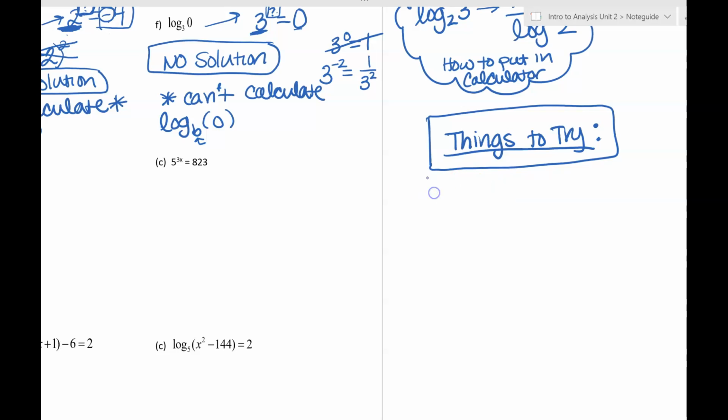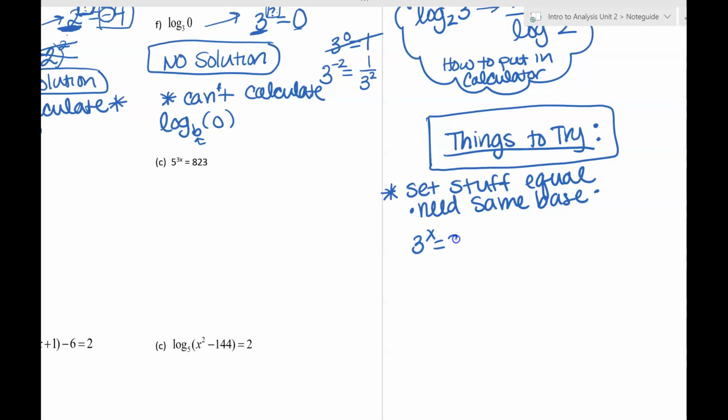So the first thing to try in log or exponential equations is, can you just set stuff equal to each other? To do this, you really need the same base. What I mean by that is if I have 3 to the x equals 3 to the 5th, x must be 5 and that equation is solved. So, can I get the same exponent base?